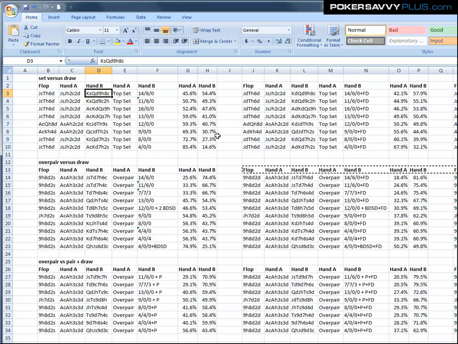Something like having the difference between having the nut wrap and having a non-nut wrap can be significant, because when you have the nut 13 wrap, you have the possibility of dominating a weaker wrap, and you also have less of a danger of running into a hand that is a strong made hand that also has a gut shot to a nut gut shot when you have an under wrap, something like that, where your 60-40 case might be significantly worse.